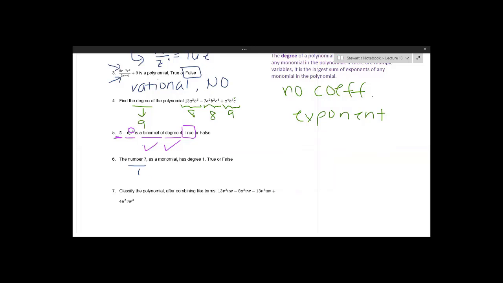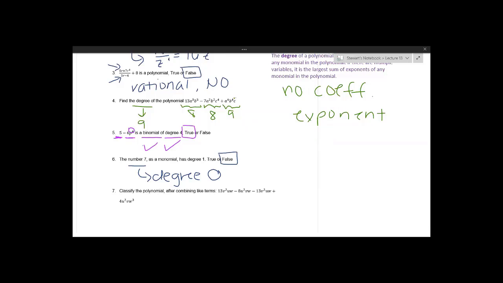The number 7, any number that's not expressed as a variable, has degree 0, and that's why it doesn't count towards the degree of the rest, or of the monomials that we calculated up there before. So this one is false.